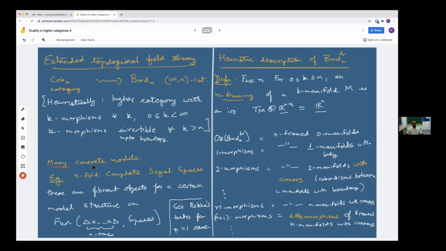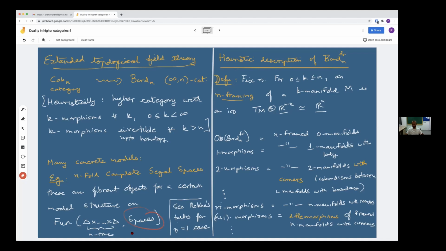There are many concrete models for what these are. For example, one convenient model to work with is that of n-fold complete Segal spaces, which are fibrant objects for a certain model structure on n-fold simplicial spaces. So functors from delta cross delta cross delta, n times, to spaces. In Rekha's talks, you saw one-fold simplicial spaces. You can iterate the process. You can look at complete Segal spaces and then ask for simplicial objects in complete Segal spaces.